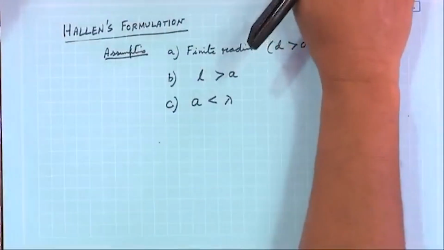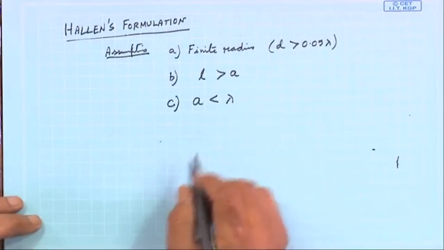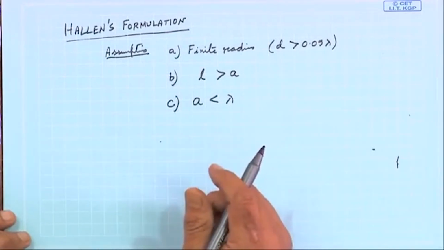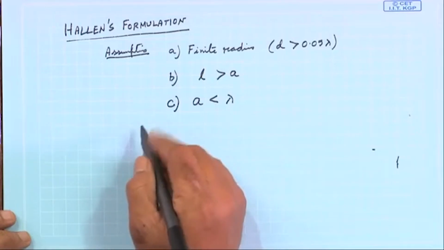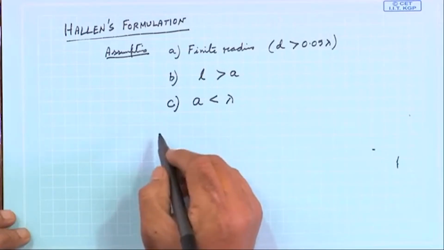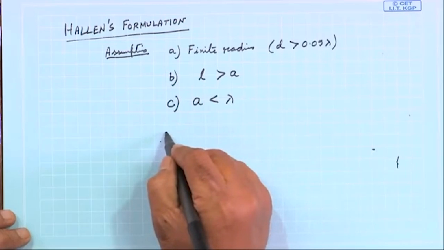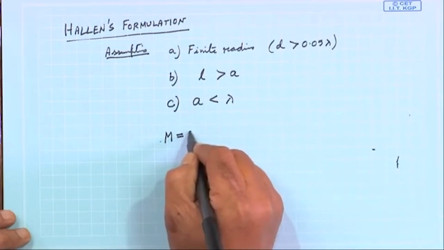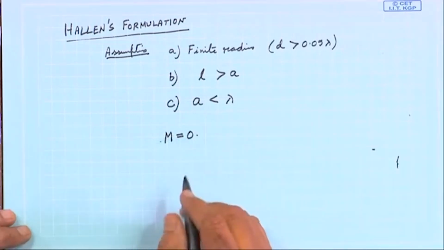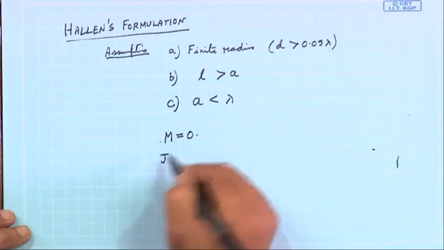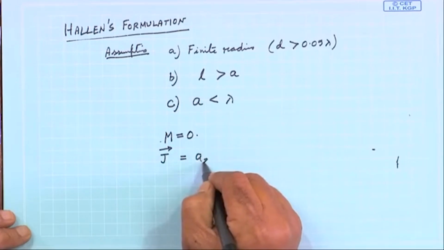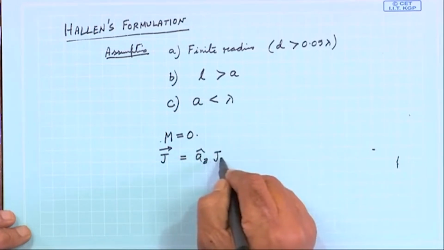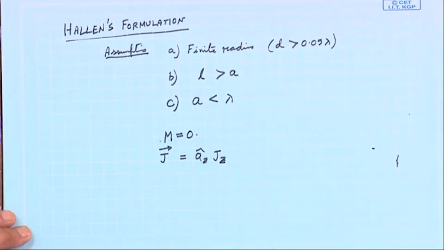Okay. So, what is Hallen's formulation? Since this is a perfect conductor, we assume that there is only electric current, so M is equal to 0 here, and our current density J we will write as Jz.